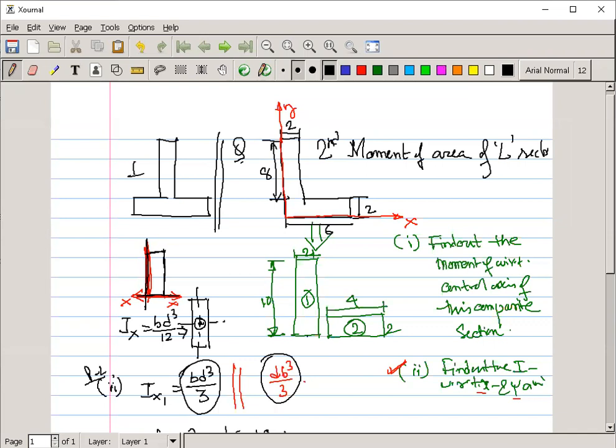In the x-axis, both 1 and 2 are on that x-axis. But when we have to find I of y, only body 1 lies on the y-axis, right? Yes or no?